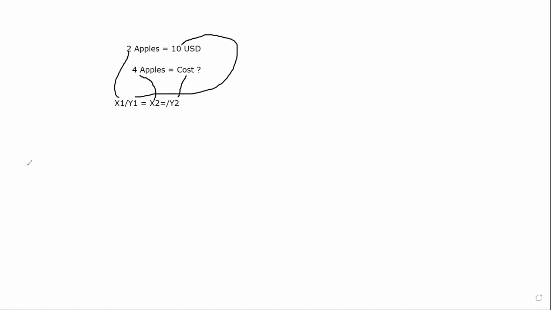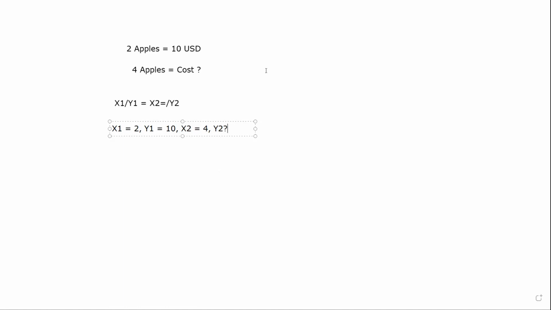All right, so we're going to plug these variables into the formula. x1 is equal to 2, y1 is equal to 10, x2 is equal to 4, and y2 is unknown. We don't know the value of y2. We need to find out the value of y2.